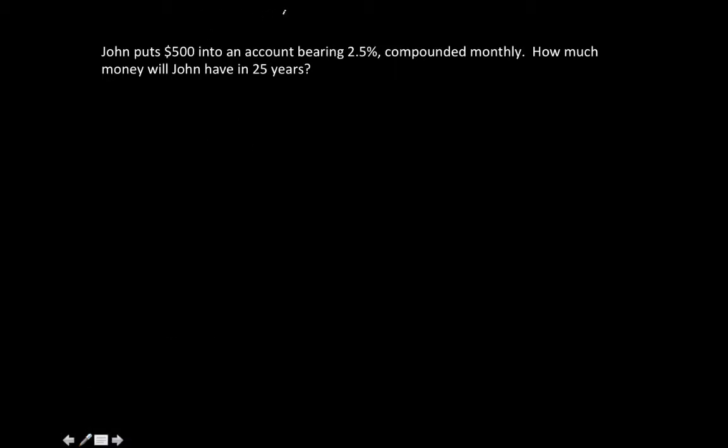Okay, so he puts $500. 2.5% is 0.025. I'm always going to move the decimal twice. Compounded monthly means I have 12 compounding periods per year, so I put in a 12 there.